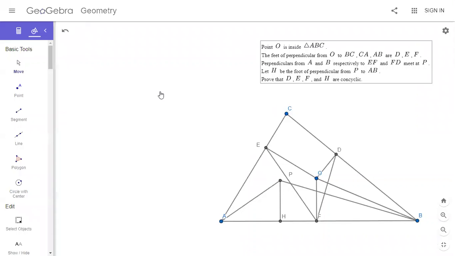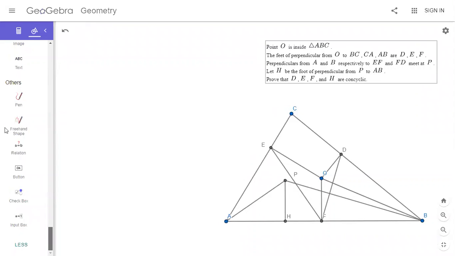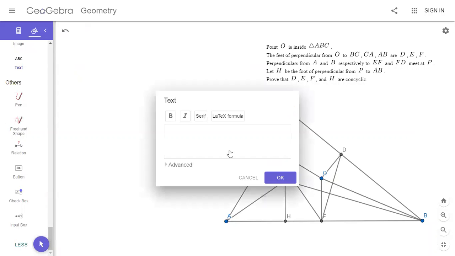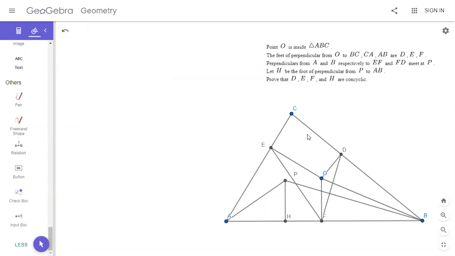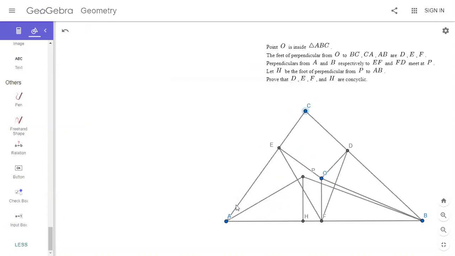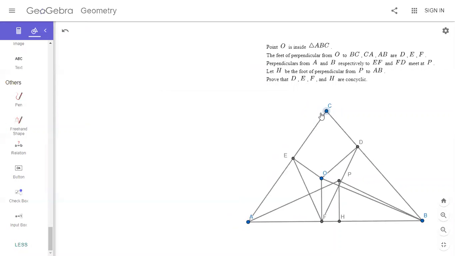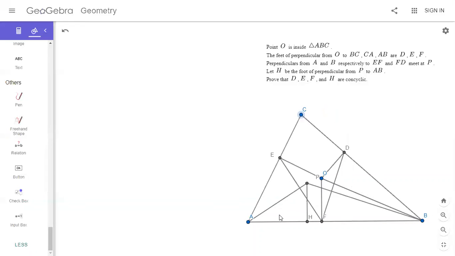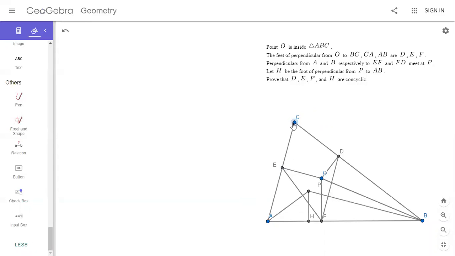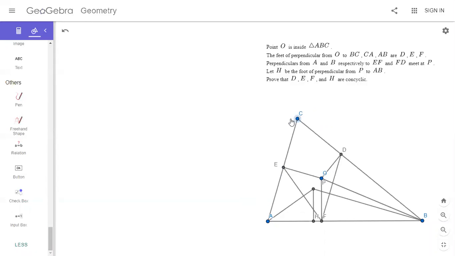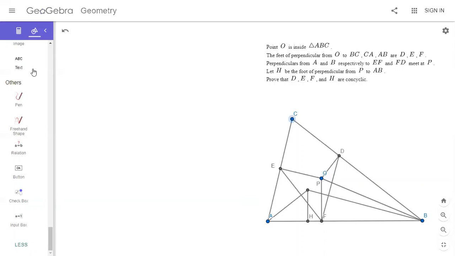Make some more room. All right, so let me see if I can move it far enough so that you can see the text and the figure at the same time. All right, I'll just stick with that for now.